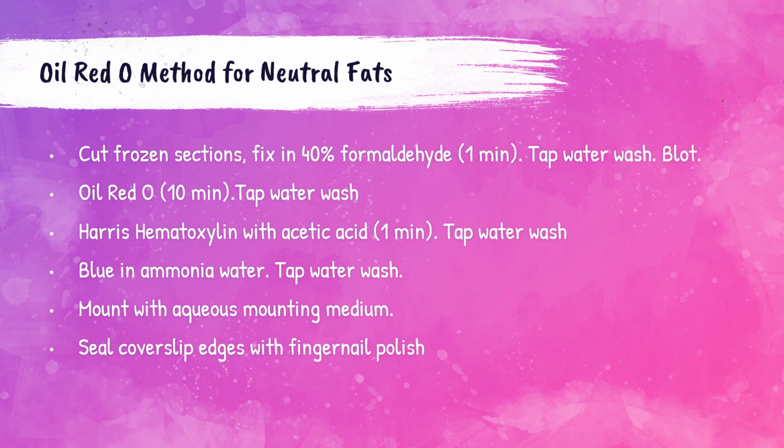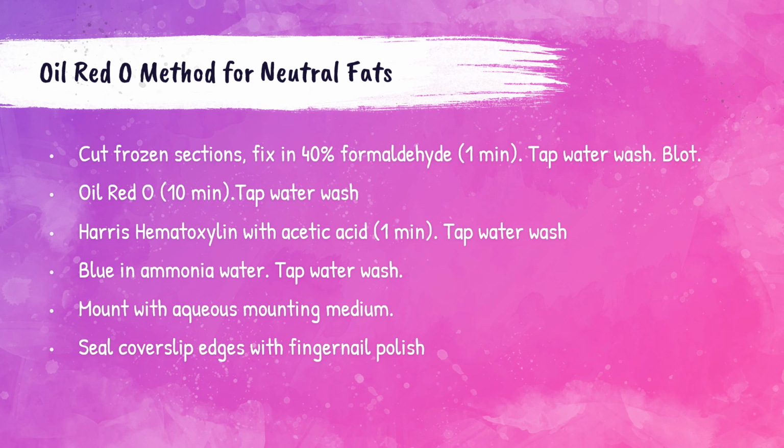The procedure for this is pretty simple in comparison to some of the other stains that we have talked about in this lecture so far. The frozen sections need to be cut and fixed in 40% formaldehyde for 1 minute, then washed in tap water. Excess water needs to be blotted off, and just as a note here, if the tissue has already been fixed, there's no need to refix it. Then the section needs to be stained with oil red O for 10 minutes, then washed with tap water.